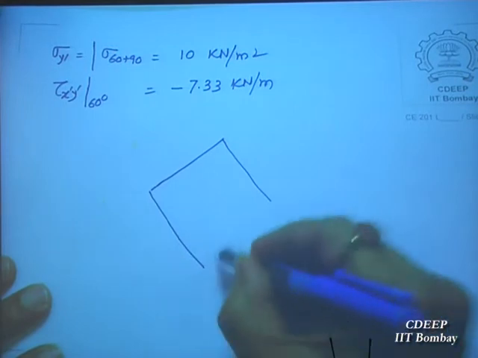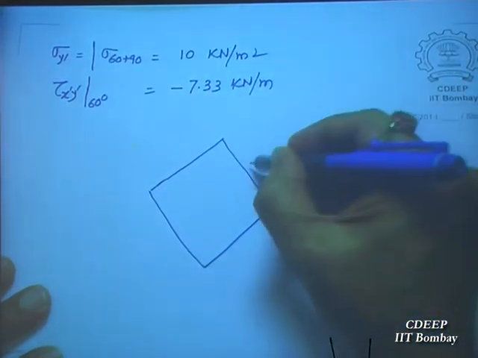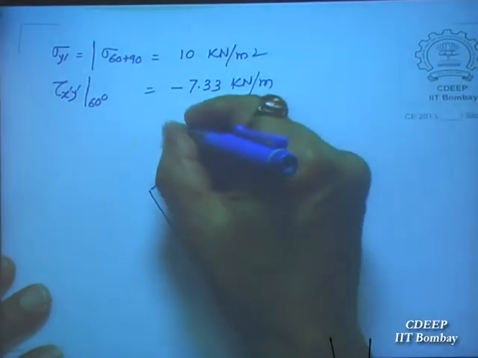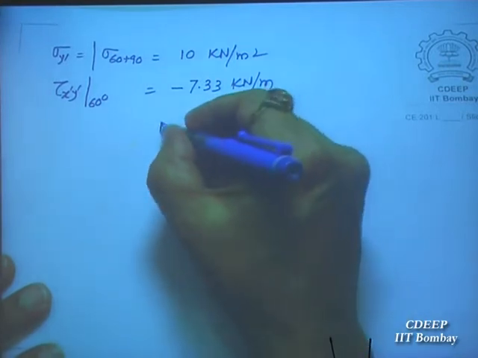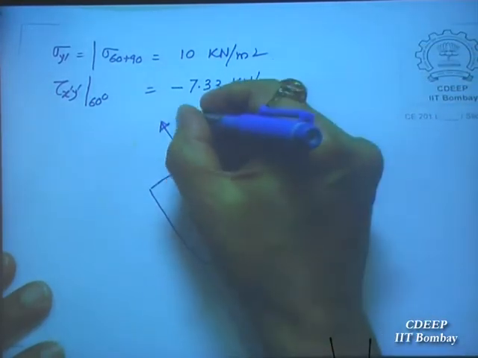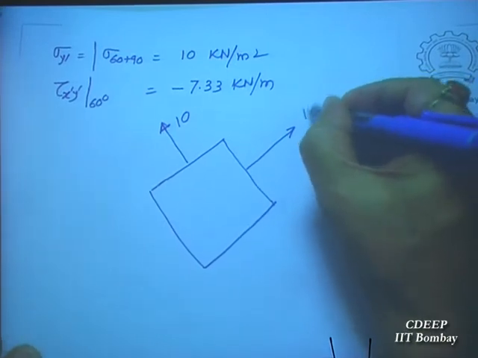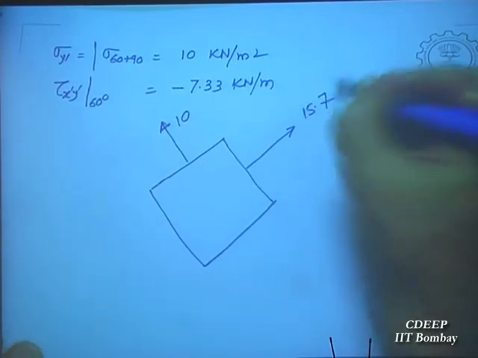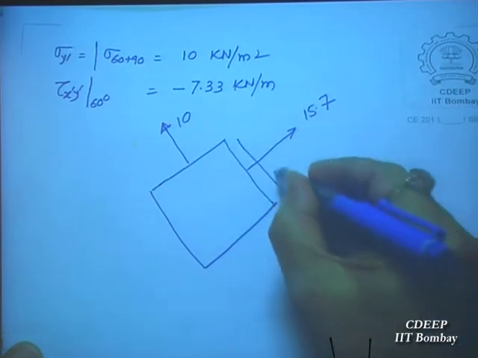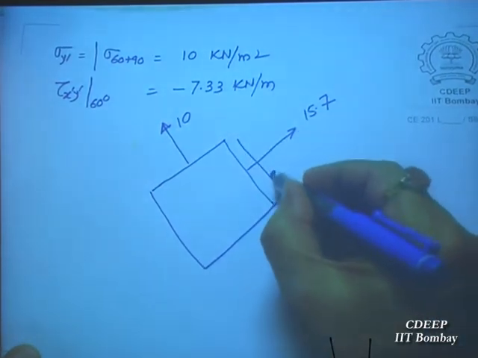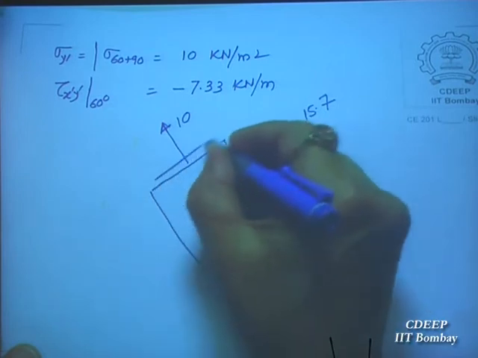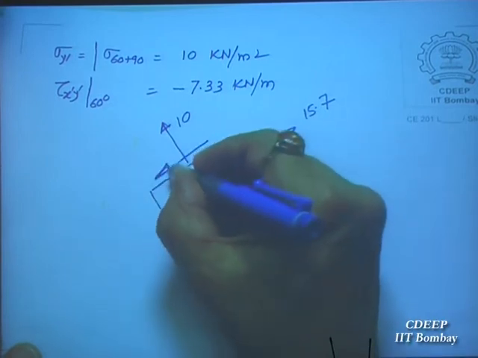Finally you have to make a big diagram in your notebook, that this value is this much, this value is this much, this is 10, this one is 15.7, of course with units, and this value is 7. After showing the direction, don't write minus.